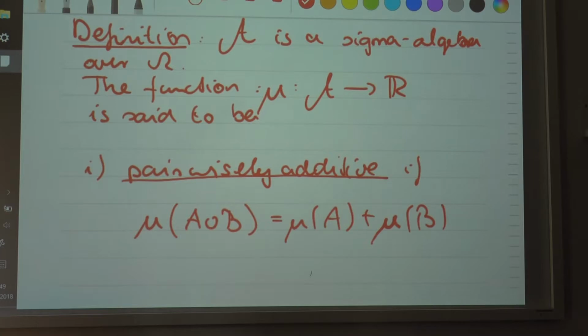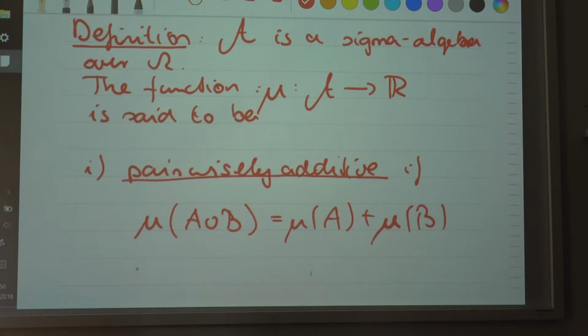Later on I will try to define what a probability measure is, but we do this step by step. First I have to tell you what a measure is, and for that we need to know what a pairwisely additive function on this sigma-algebra is.